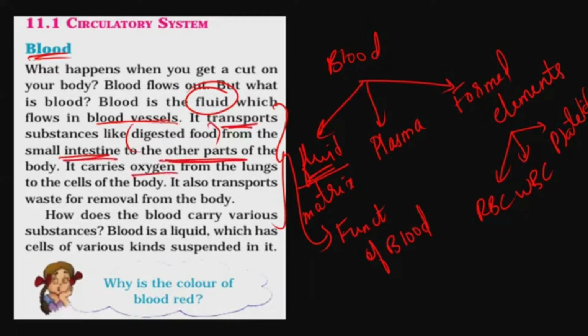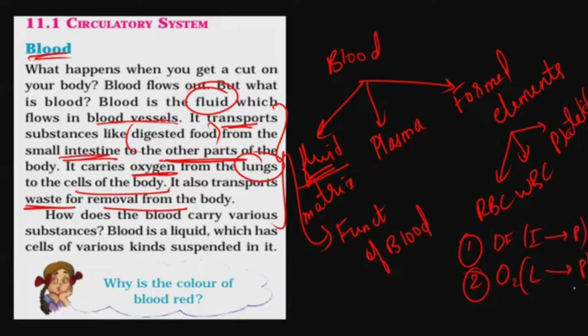It carries oxygen from the lungs to the cells of the body, and it transports waste for the removal from the body. So number one, digested food from intestine to the parts of the body. Number two, it transports oxygen from the lungs to the parts of the body, and also waste products from different parts of the body for the removal. So this is very, very, very important.